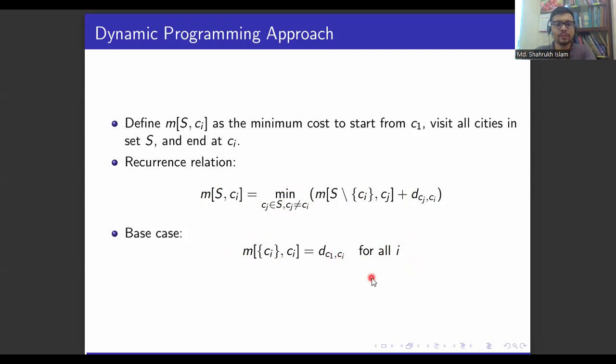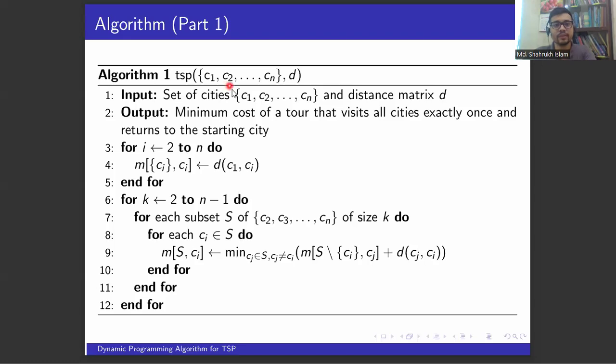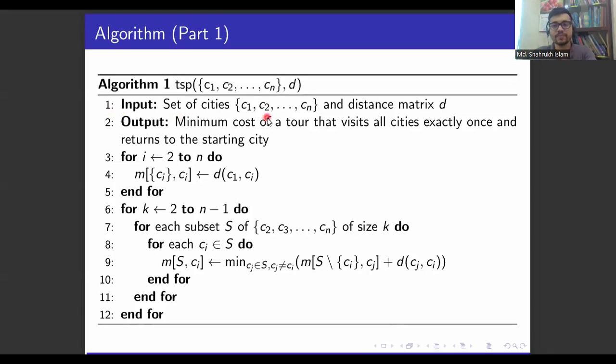Then what will be the algorithm? This is the algorithm. We are given the set of cities and a distance matrix. The matrix has the cost to visit from one city to another city. What will be our output? Our output will be the minimum cost of a tour that visits all cities exactly once and returns to the starting city. First of all, we have to make the base case.